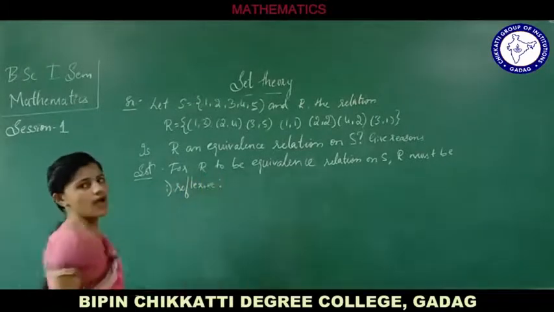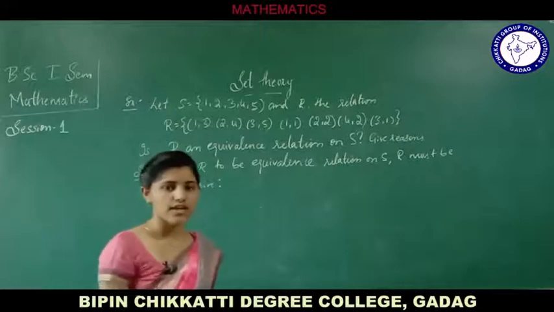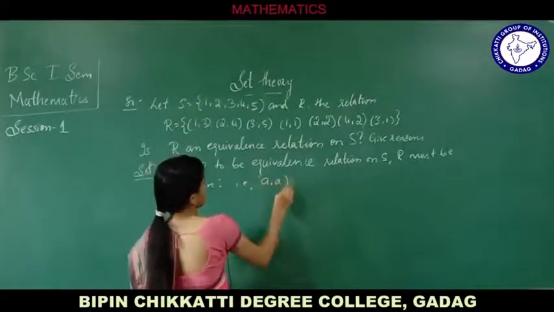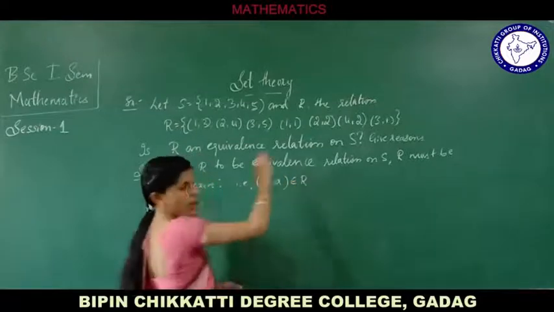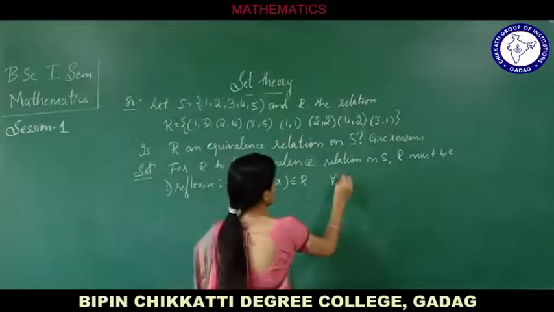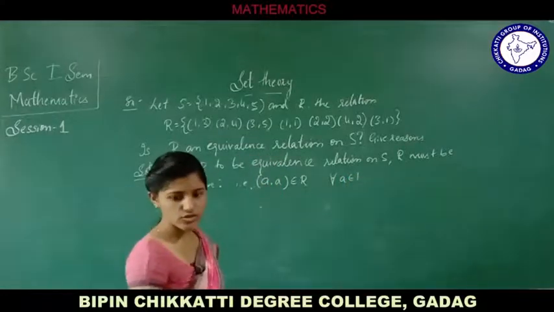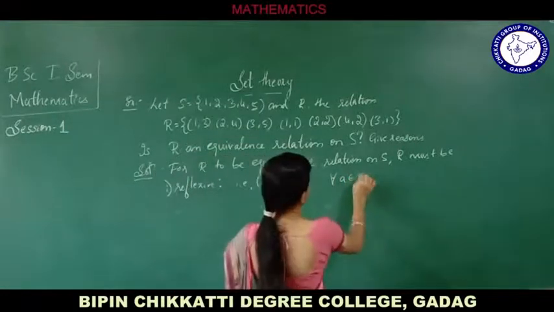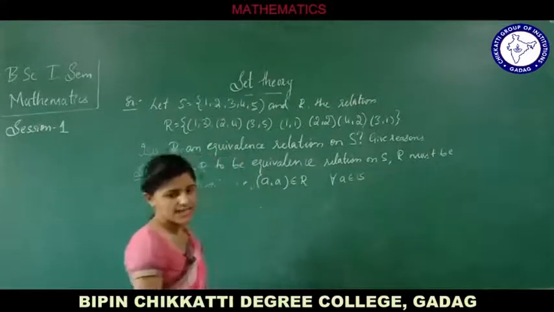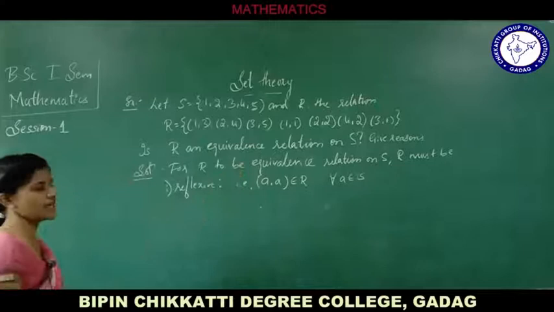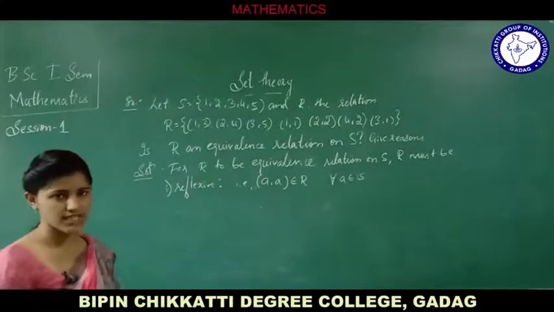That is, (a, a) should belong to R for all a belonging to S. Of course, we have (1, 1), (2, 2), and they belong to the relation R.